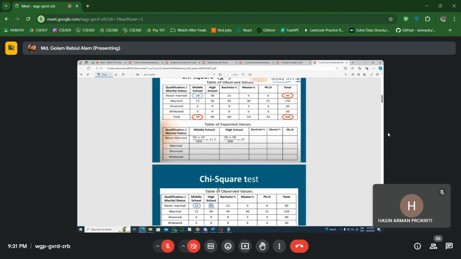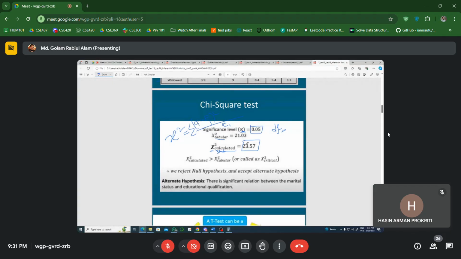Here we can see 21.03. Now we can see that our chi-square statistic is greater than the tabular value. So we reject the null hypothesis and accept the alternate hypothesis.